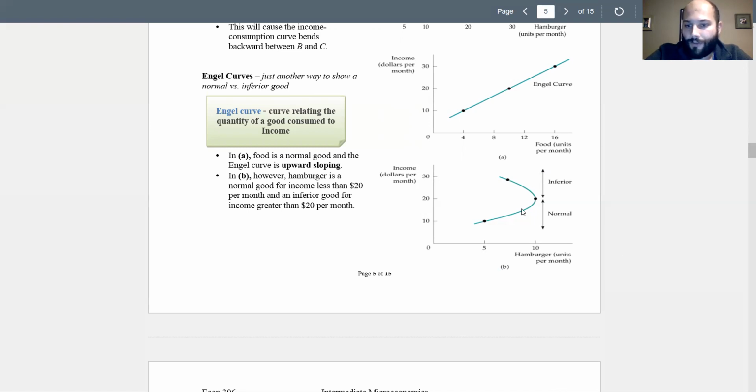We can see, suppose this was an Engel curve. This traces out different incomes. Up to $20, this is a normal good. We demand more hamburgers as our income increases.